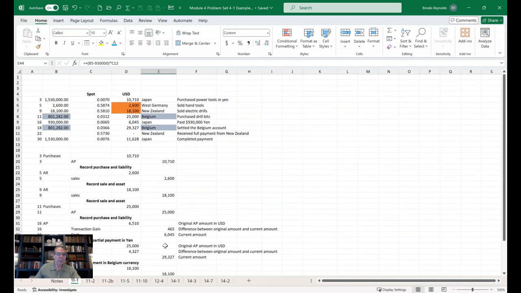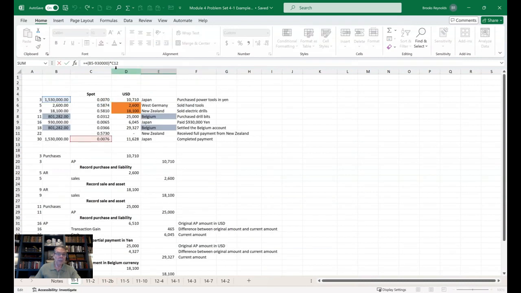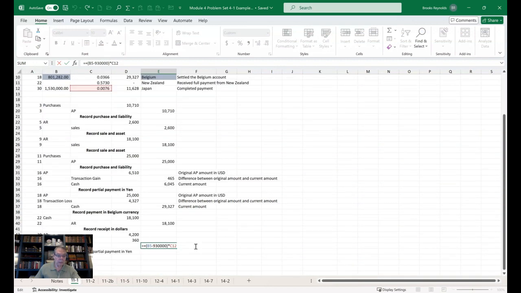Now, the cash that we have to come up with is going to be the remainder, the 1,530,000. You can see less the 930,000 yen we already paid. So that's going to be a difference of 600,000 yen times the current spot rate. All right. So what we're going to need to come up with again is $4,500.